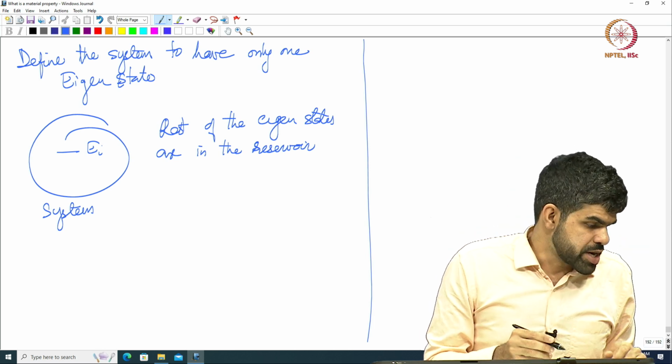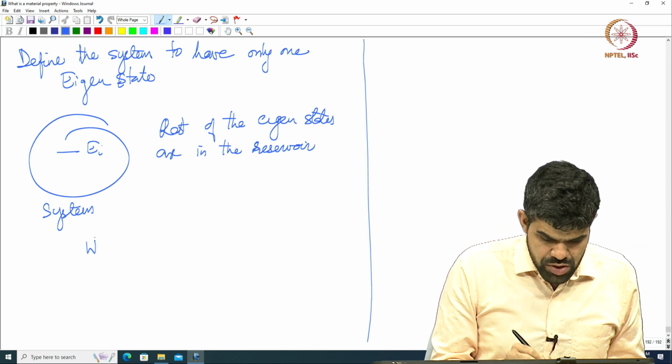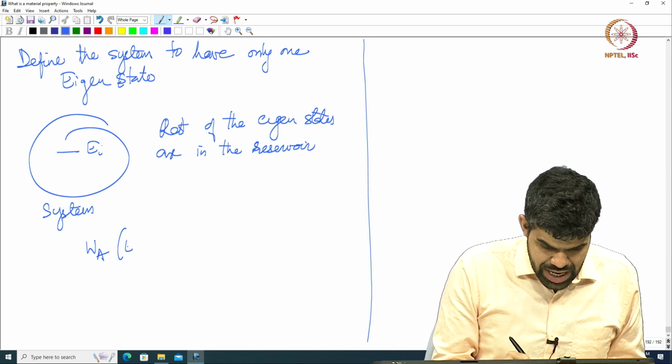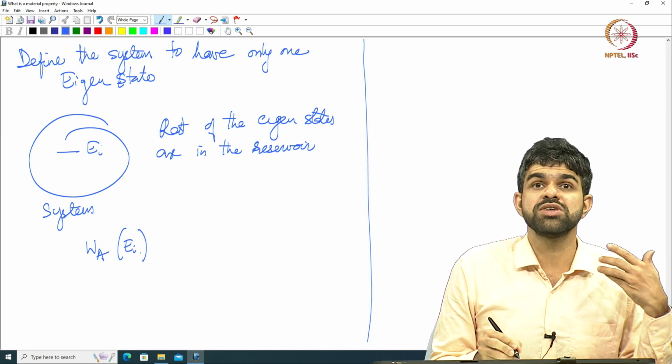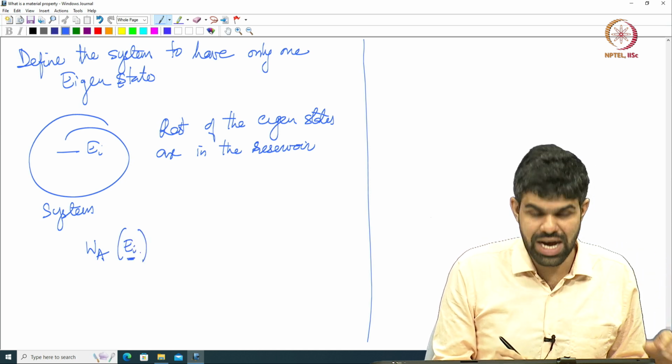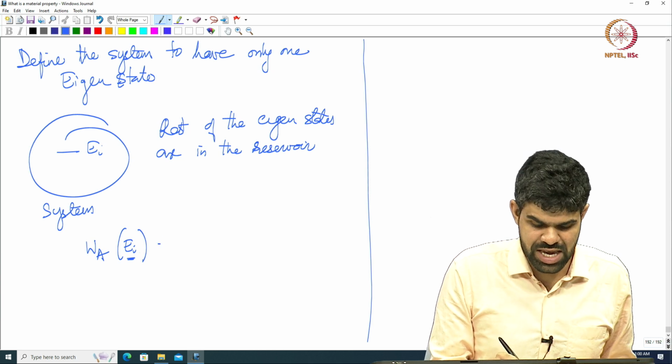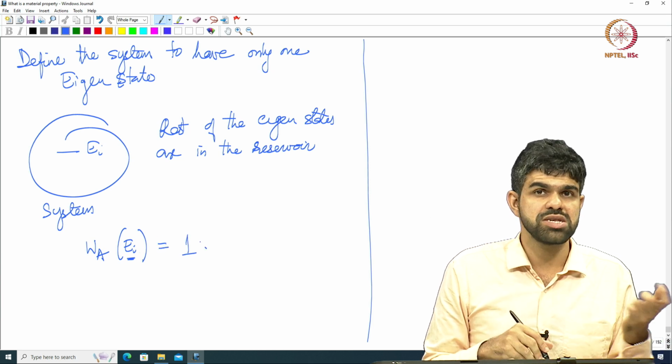All right. So then W_A(E_i), the number of eigenstates in the system, E_i meaning the eigenstate i, is just 1. So there is just one eigenstate.